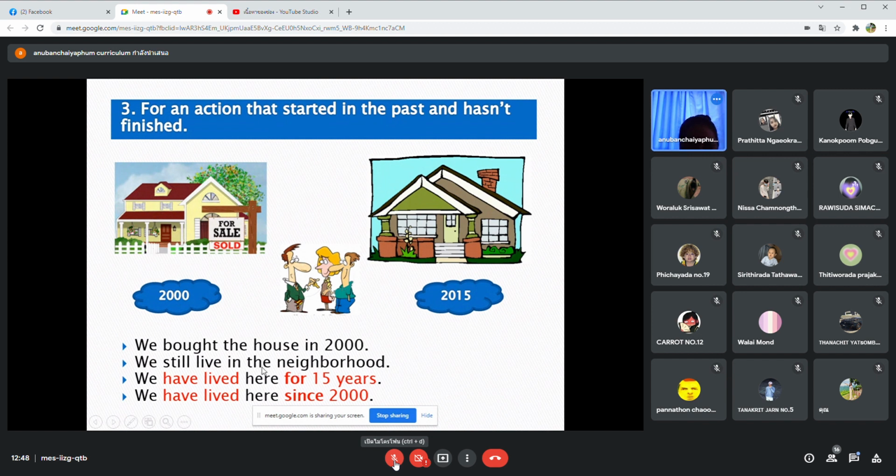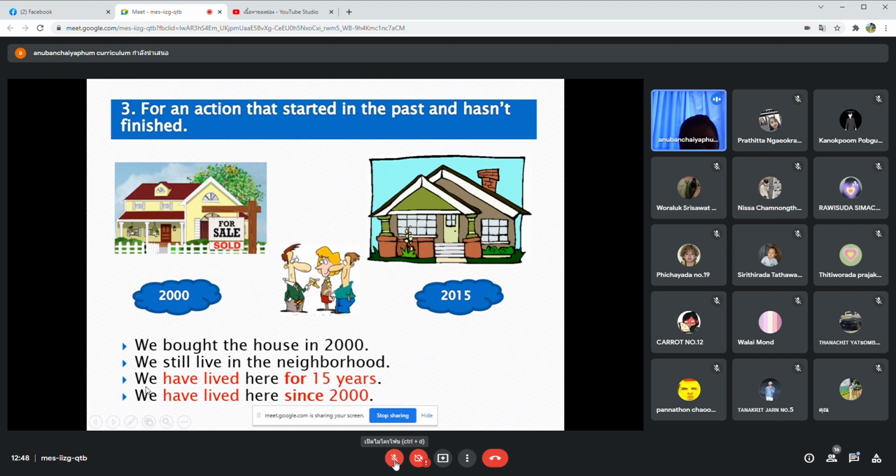And then until now, after 15 years, the sentence, we have lived here for 15 years, means they are still living in the same house. So the action started before and still continues up to now, not yet finished. They are still in the same house.